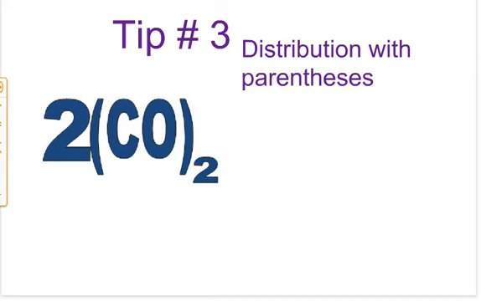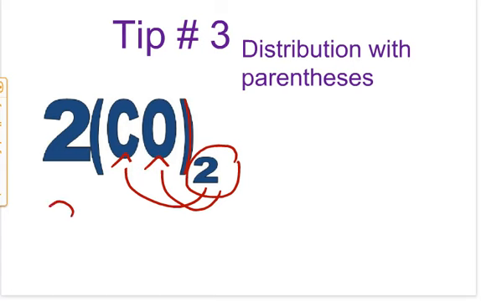Tip number 3. We have the same thing we just had, but now we're going to have parentheses. This is tricky. This 2 right here, because it's outside the parentheses, it's going to go to the C and to the O. So for carbon, we now have this 2 times 2, which is 4.